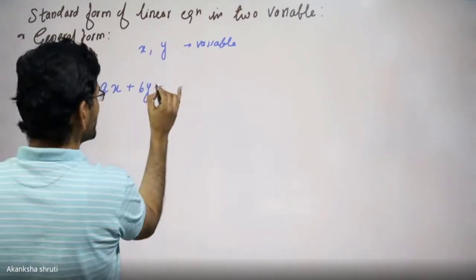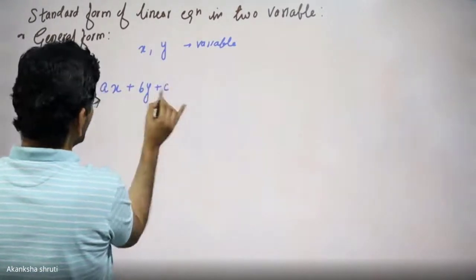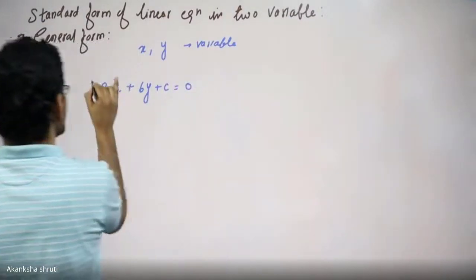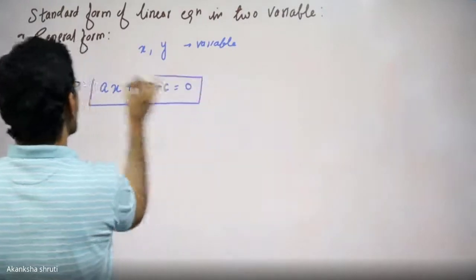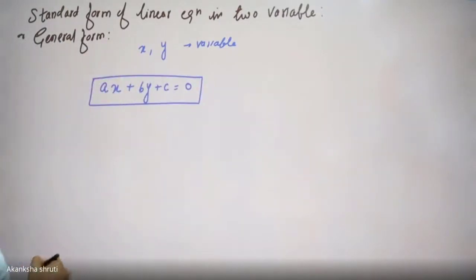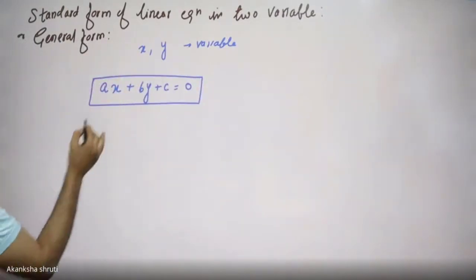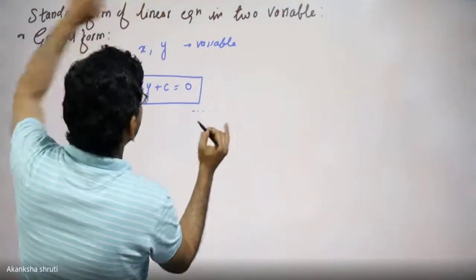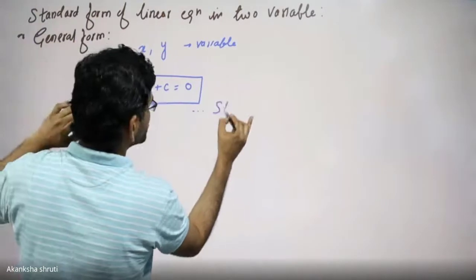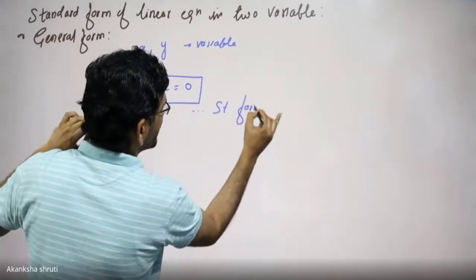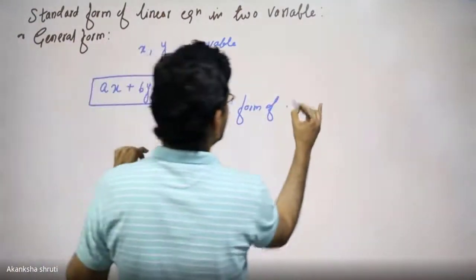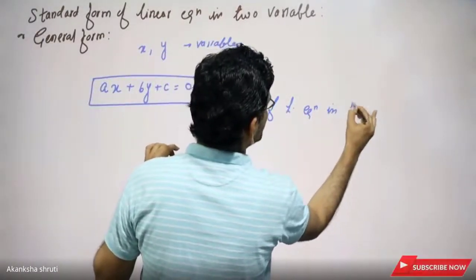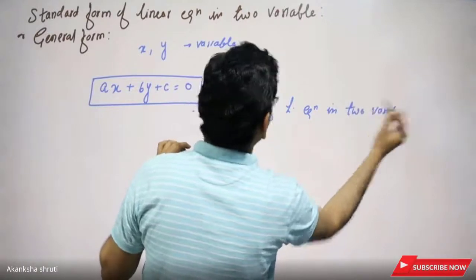There can be some constant also. So let us take all this on one side and equate it to 0. Writing in this form, it is called a linear equation in two variables. So this is the standard form of a linear equation in two variables.